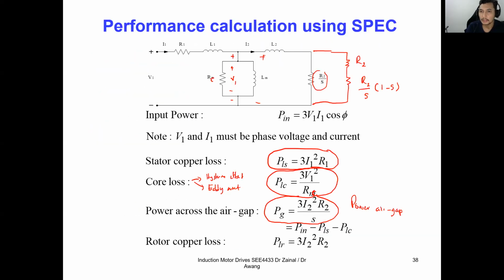Yes. Okay, so this is your I2 here. So this component here, R2, will represent the rotor losses, and this one will represent the P out.